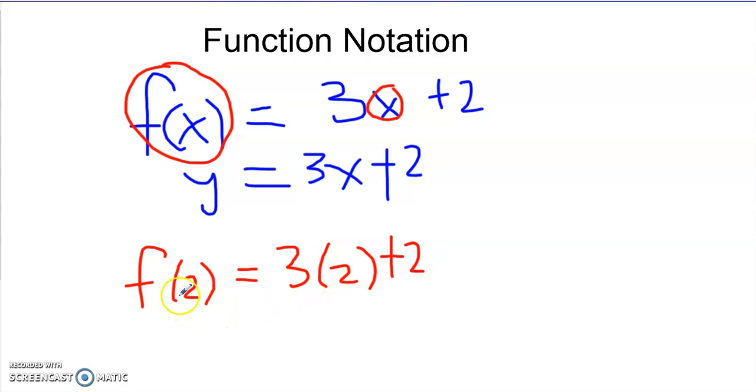So right here we've got f of 2 equals 3 times 2 plus 2. I was doing the math already in my head. 3 times 2 is 6 plus 2, so this simplifies to 8. So this is function notation when we have f of x replacing our y.